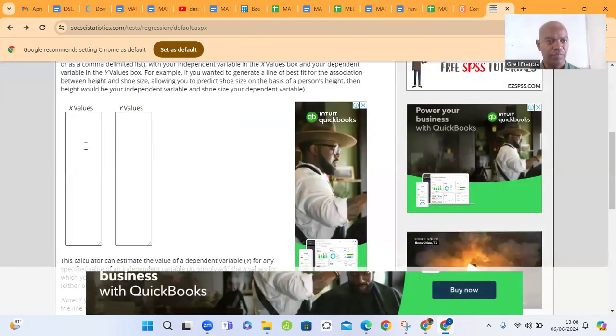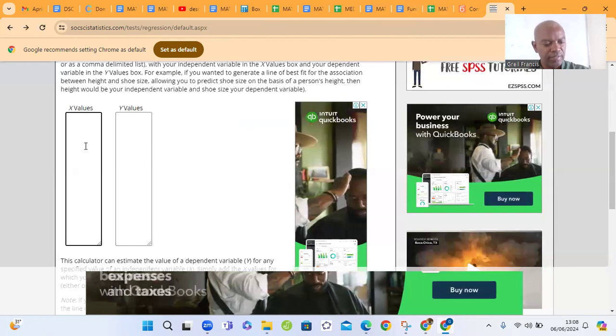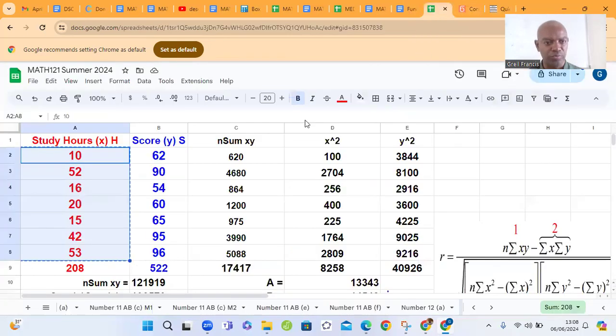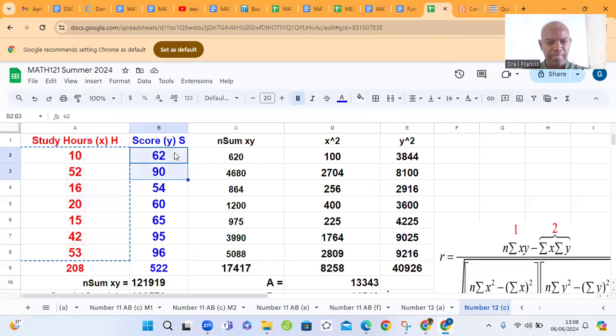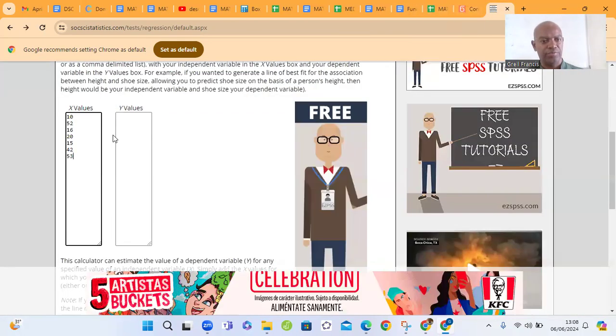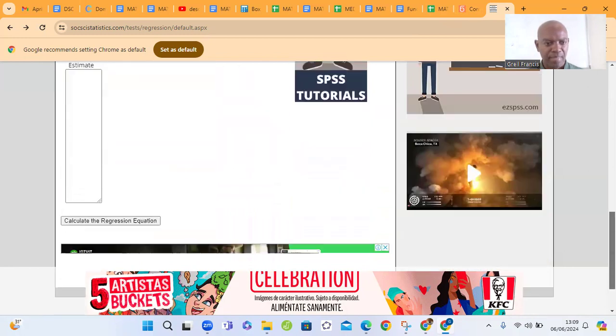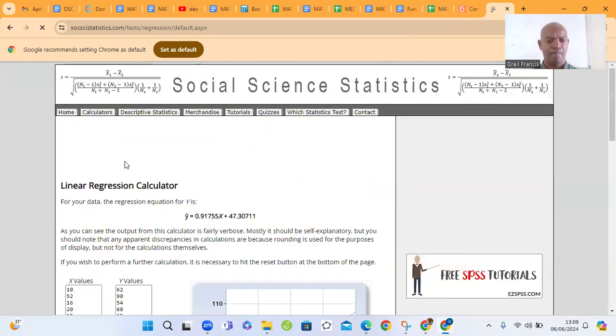So this one, I think, is social sciences. You can use this one, or you can use any other one that is available to prove your calculation. So these are our X values, these are our Y values. And we can calculate the linear regression equation.